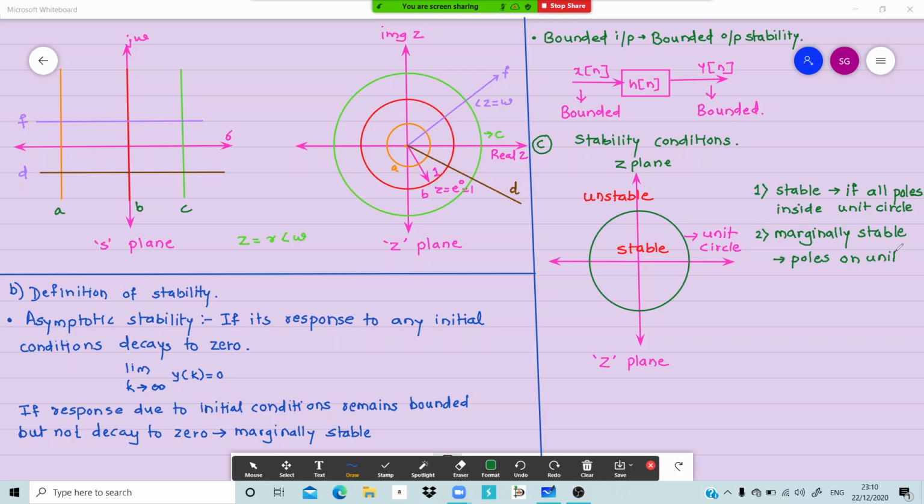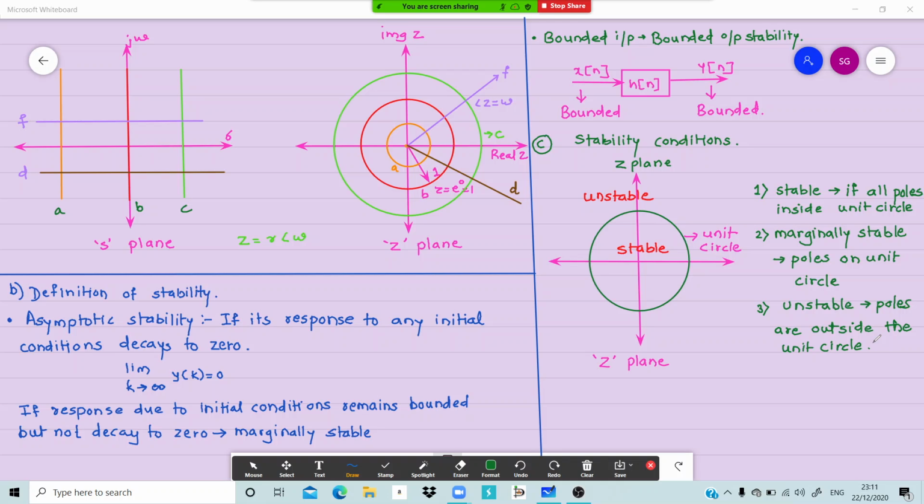And the third thing, unstable, when poles are outside the unit circle. Okay, so this is all about stability.